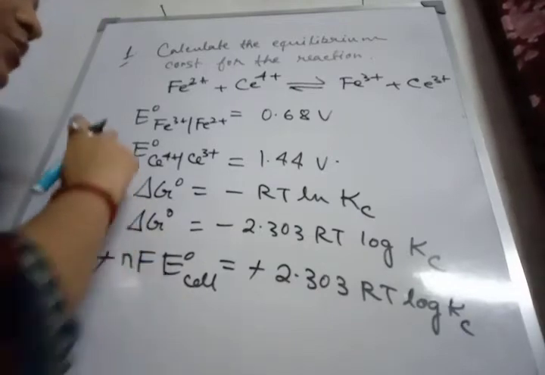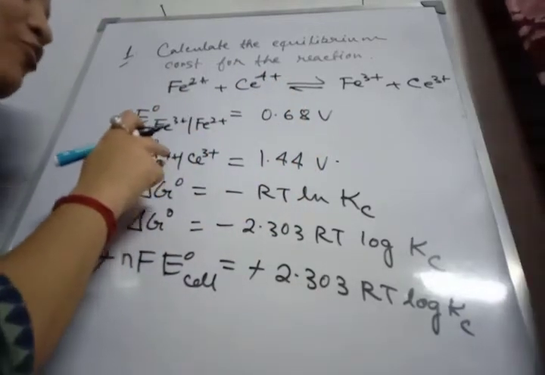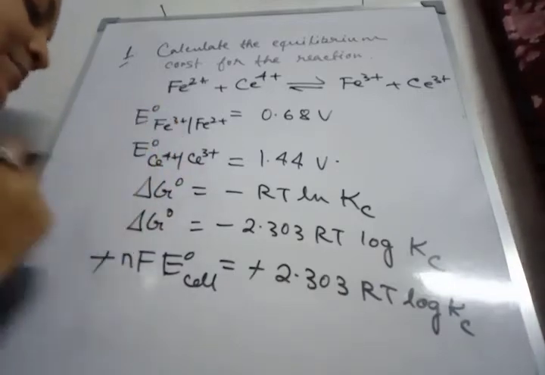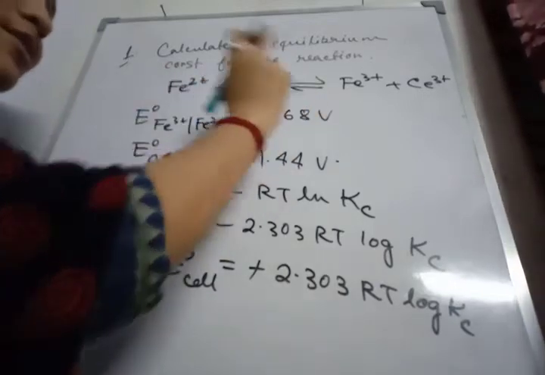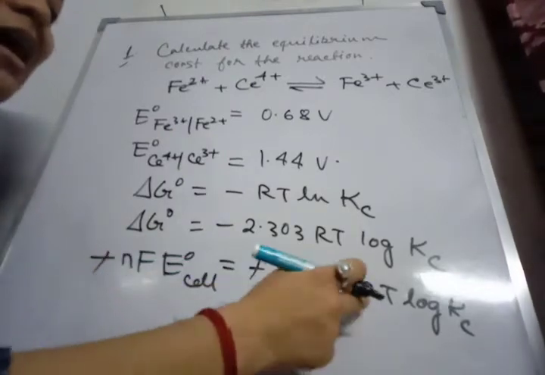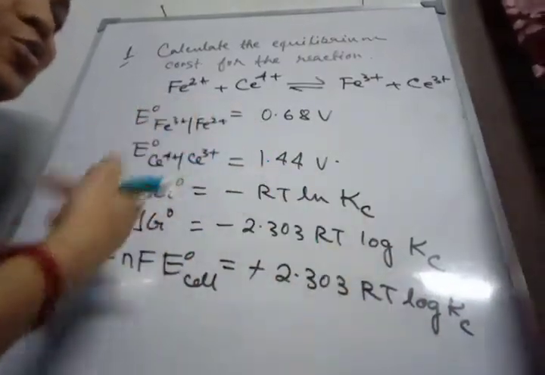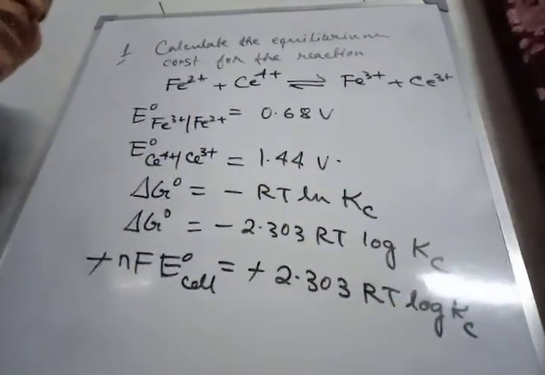E0 cell we can calculate from the given values of Fe3+/Fe2+ and Ce4+/Ce3+. n is the number of electrons involved in the reaction. F is a constant, 96500 coulomb. R is 8.314. T is the standard temperature, 298 Kelvin, and then we can easily find out Kc.